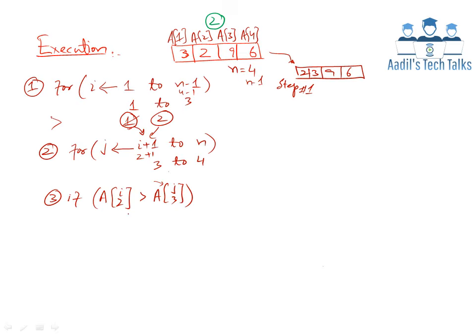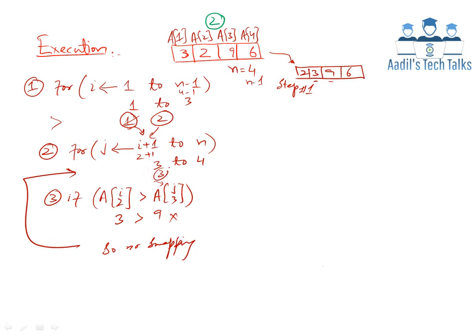On A2 we got the value 3, and on A3 we have the value 9. Okay, now this is A2 and this is A3. Is 3 greater than 9? No, 3 is not greater than 9, so no swapping, and the control will be transferred here.